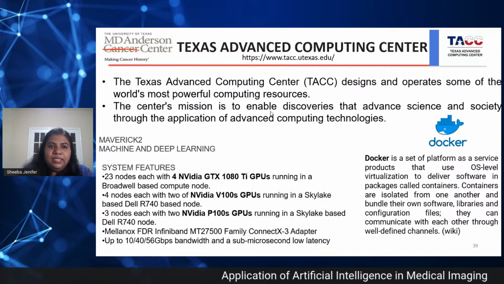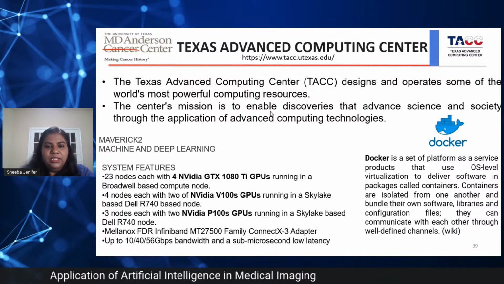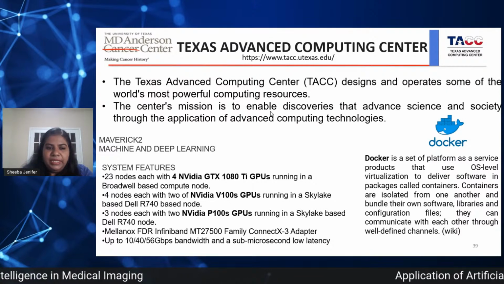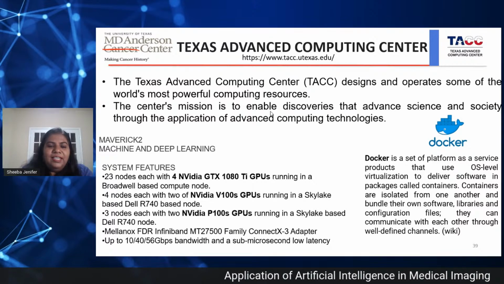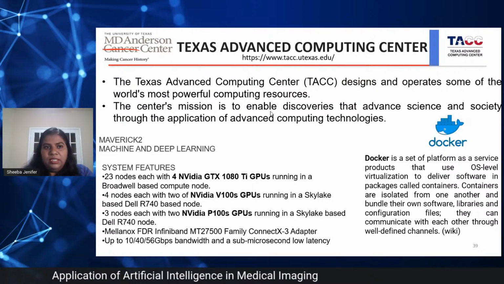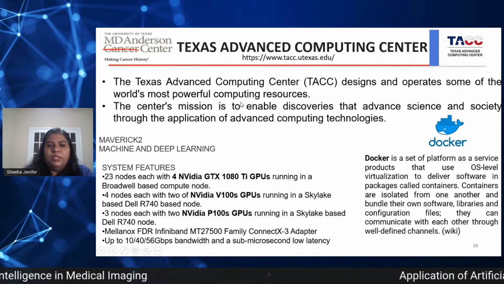As I said earlier, we need supercomputers for all our processing, and our labs are built with high speed computers with GTX GPUs. We also use the Texas Advanced Computing Center in Austin, Texas, a center dedicated to computing services.